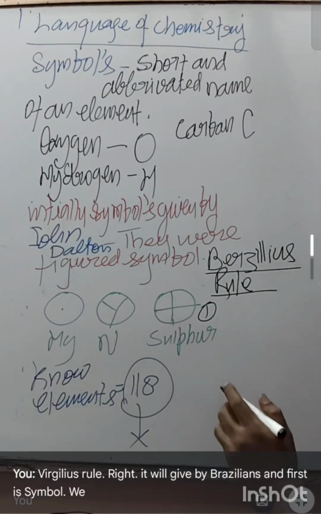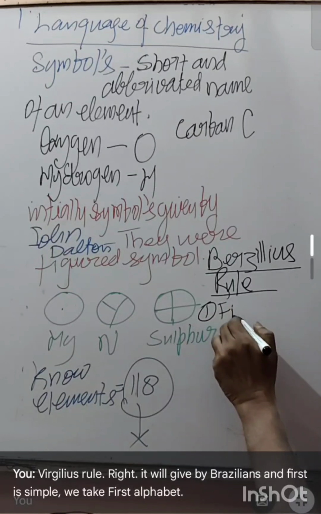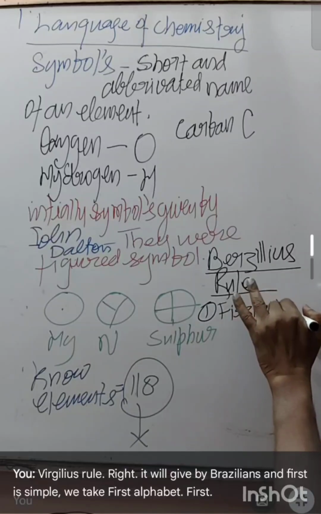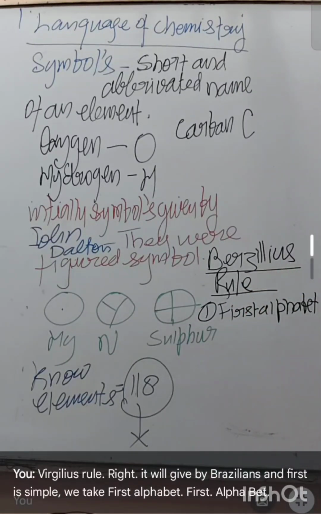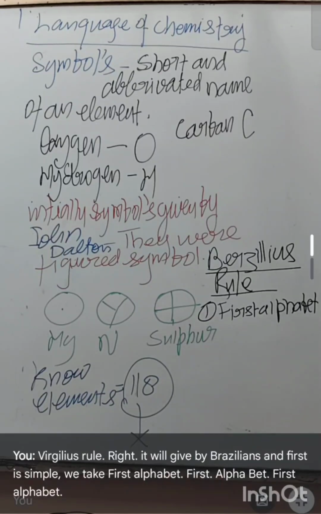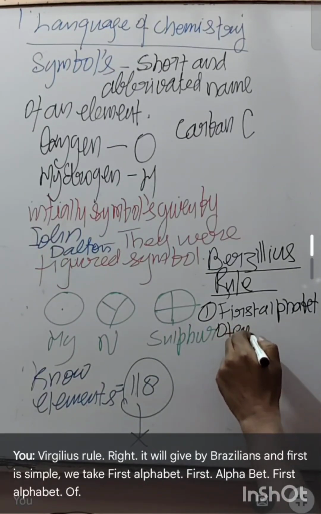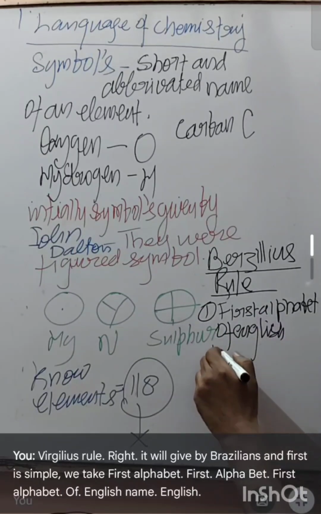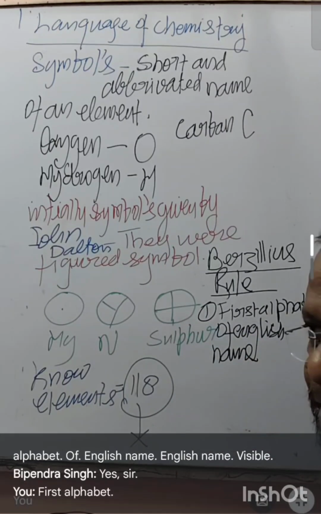The first rule: for the symbol we take the first alphabet of the English name.